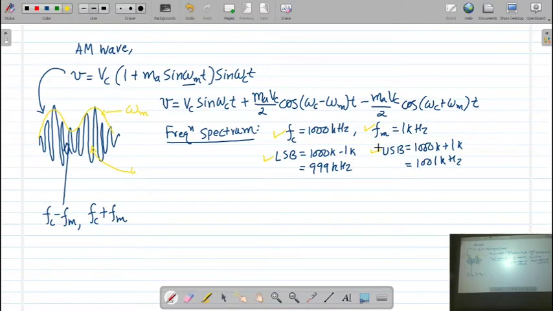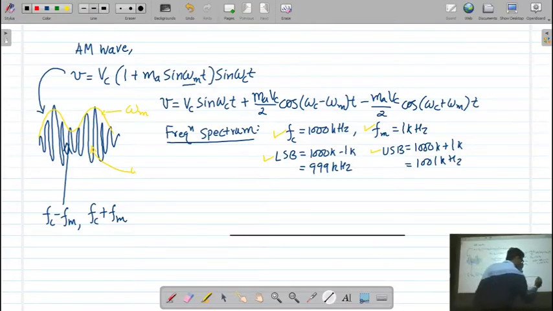So what is a frequency spectrum? Frequency spectrum is a graph where we represent the different frequency components with their amplitude, and the frequency will be on the x-axis. Here if we draw, the frequency will be on an x-axis like this.